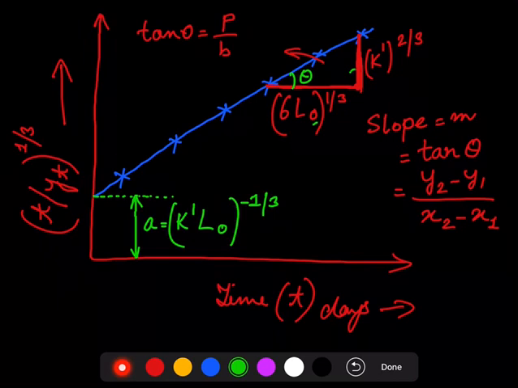You can either get it by tan theta, or you can use y2 minus y1 divided by x2 minus x1. So once you solve this, you will get the values of a and b.